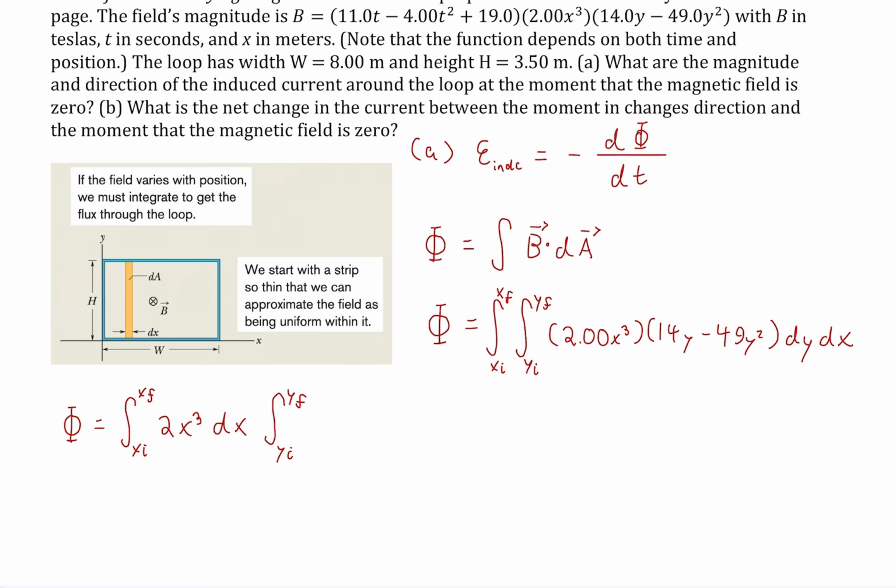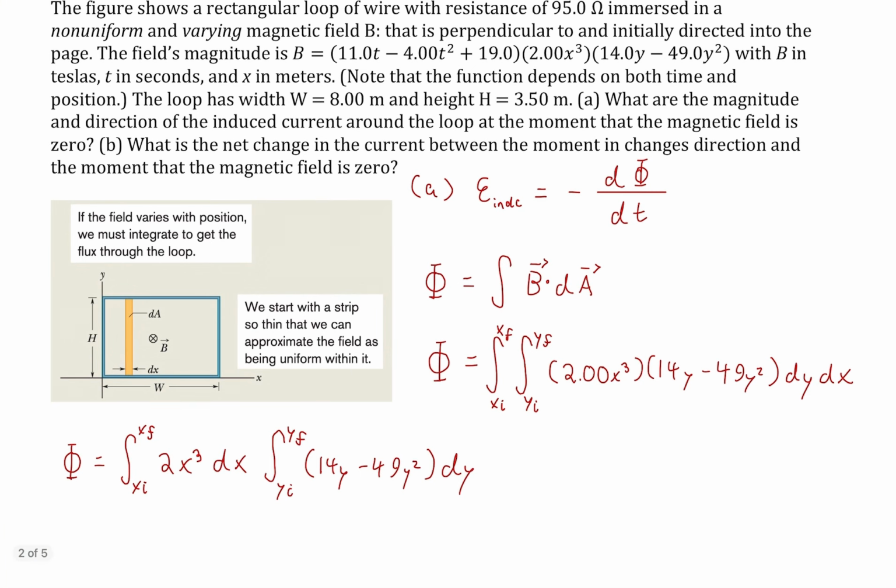All right, almost done. So as you can see, you can solve each of those one at a time, and then that's going to be your total magnetic flux. Okay, and the units there are just going to be Tesla meters squared.